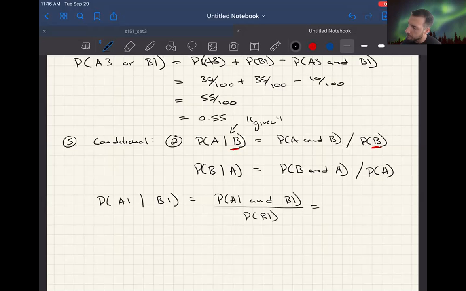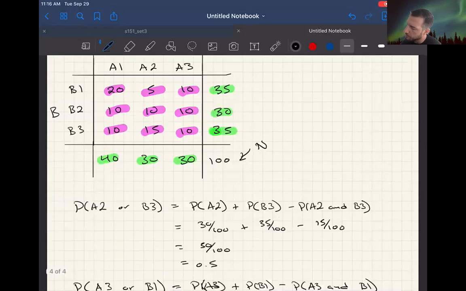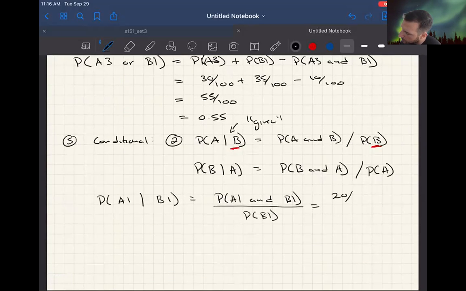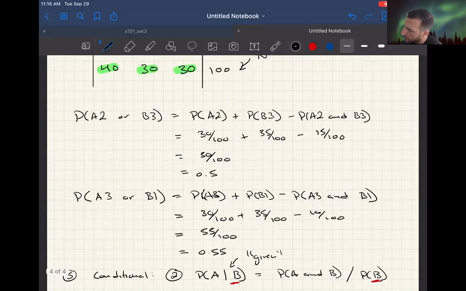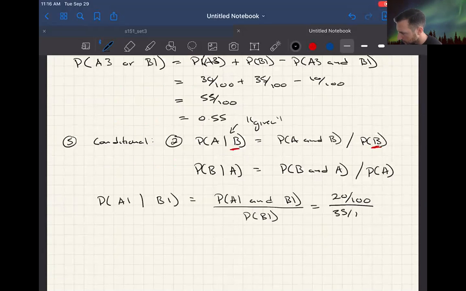Okay, A1 and B1 is 20 over 100 divided by the probability of B1, which is 35 over 100, which is 20 over 35.